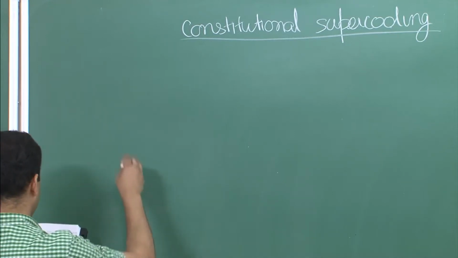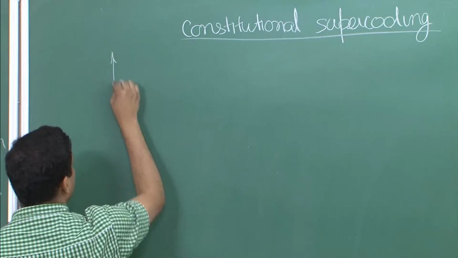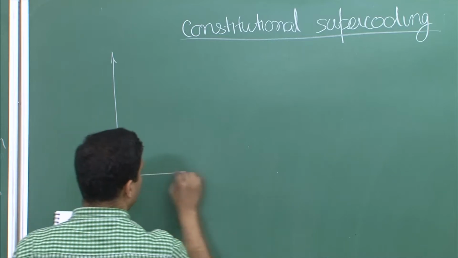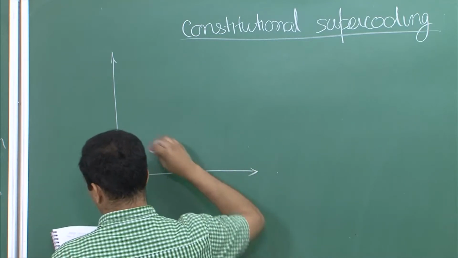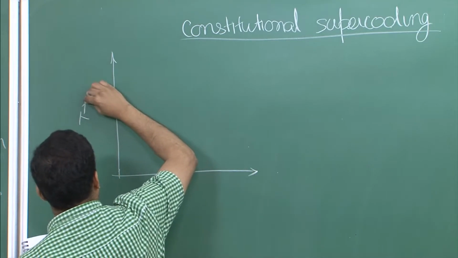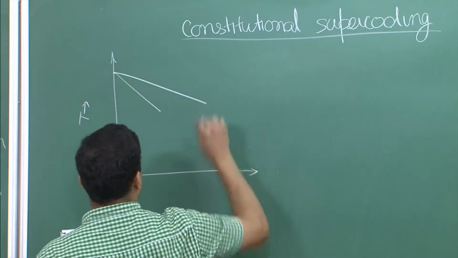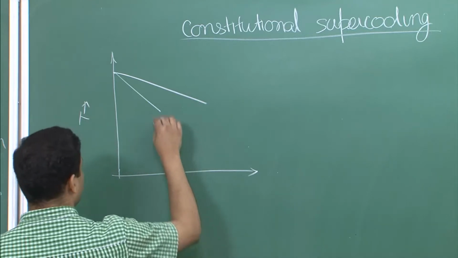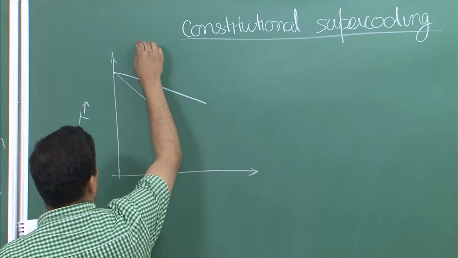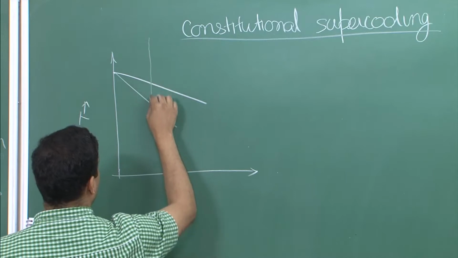Now let us say we have, let me draw three plots this time. One is the phase diagram, so this is for the temperature, and these are our liquidus and solidus, and let us say this is our C naught.